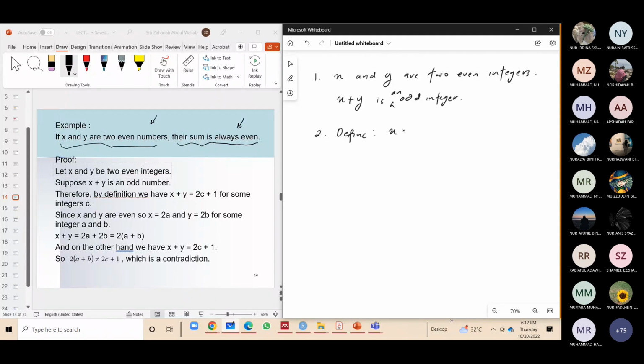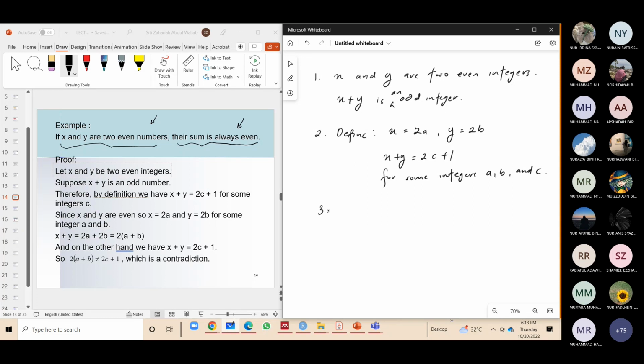Define x equals 2a and y equals 2b. And then x plus y equals 2c plus 1. Why 2c plus 1? Because in our assumption, we assume it as an odd integer, for some integers a, b, and c. Only integers can be substituted into a, b, and c.